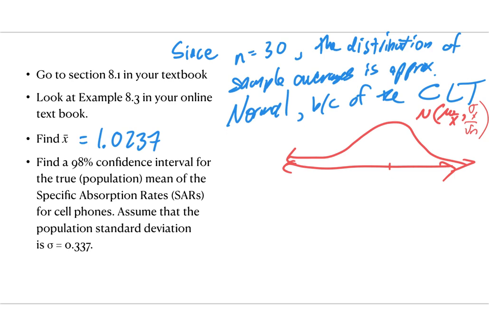Do we know mu of X? Do we know the average? We do not. That's why we're going to be constructing a confidence interval. Do we know the standard deviation of X bars? Yes, we do. It's sigma over root n, which is 0.337 divided by the square root of 30.